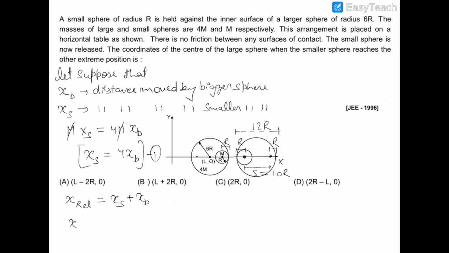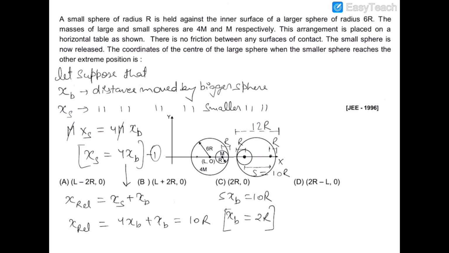So x relative is equal to 4xb, I am substituting this value in this equation, plus xb, and this is equal to 10r. So 5xb is equal to 10r, and xb is equal to 2r. So this is the value of xb, which is the distance moved by the bigger sphere in the front direction.